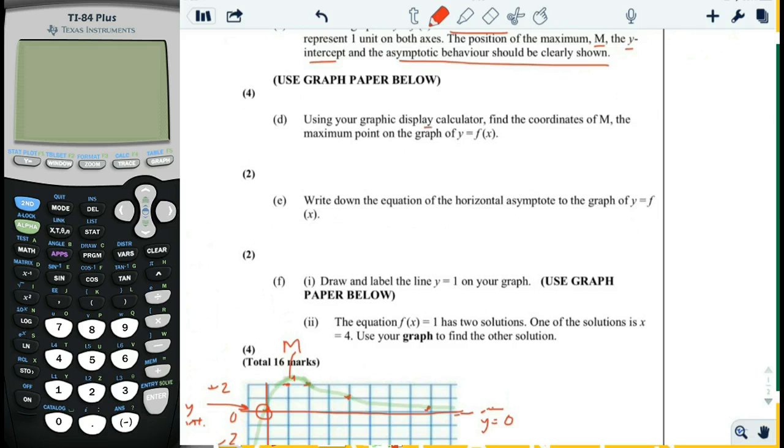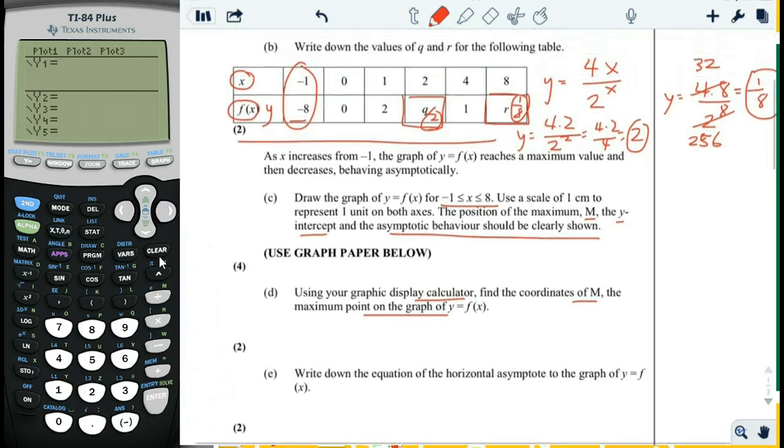So using a graphical display calculator, find the coordinates of m, the maximum point of the graph. So how do you do that? Well, you're going to use y equals, and you are going to program the calculator with the function, which we know is 4 times x divided by 2 to the x.